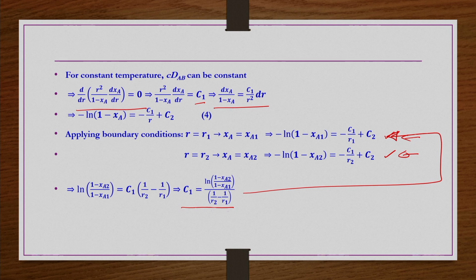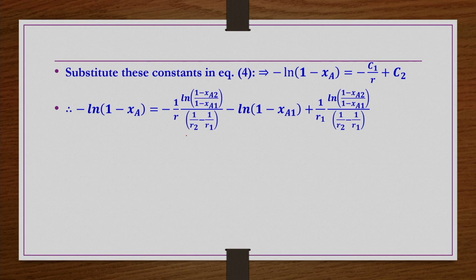So, you get C2 is equals to minus ln 1 minus XA1 plus C1 by R1. Now you have both C1 and C2 expressions. Those you substitute in equation number 4 to get the concentration profile. So, here you substituted C1 and this is C2.